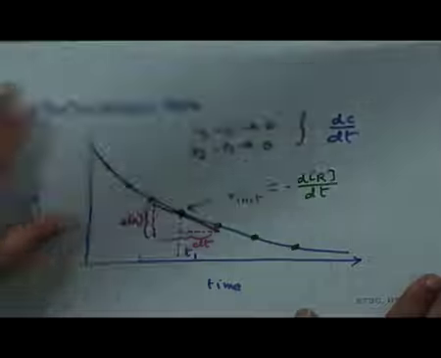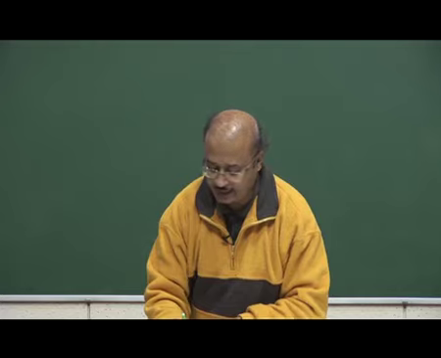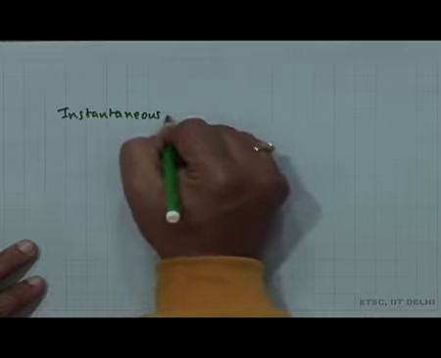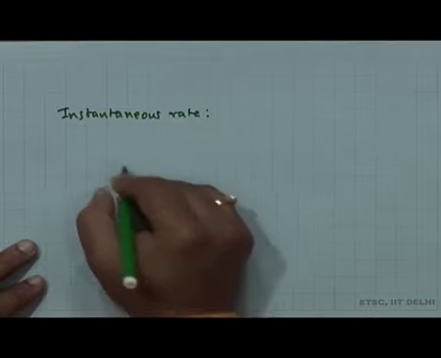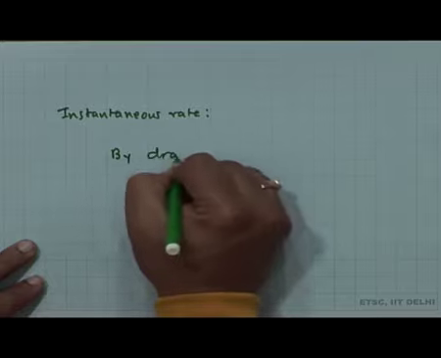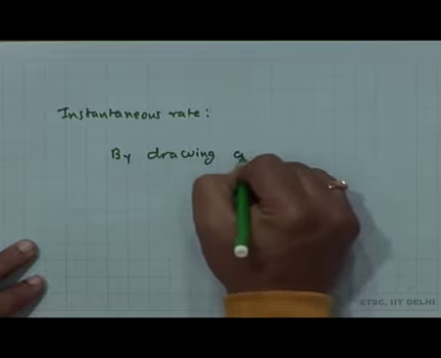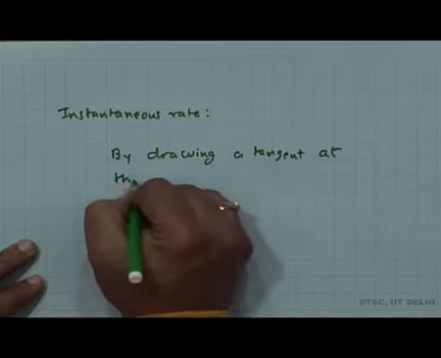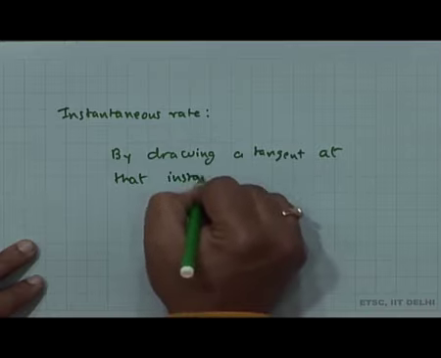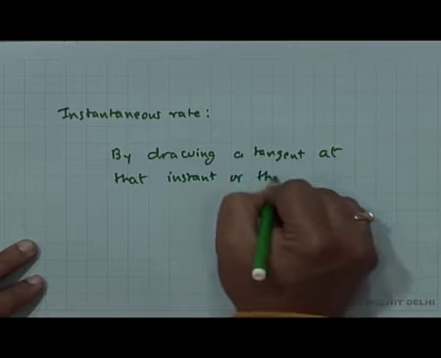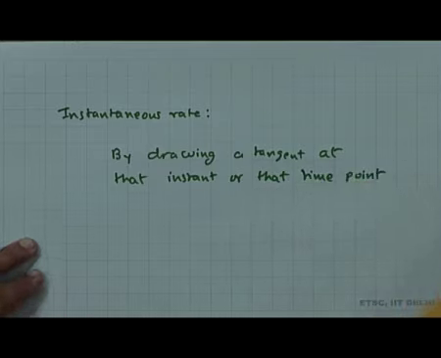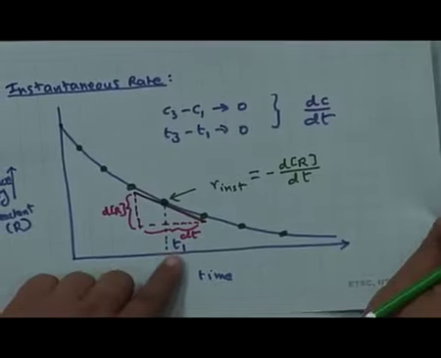I will write it so that it becomes clear. The way we characterize or find the instantaneous rate is by drawing a tangent at that instant or that time point, which in our discussion was t 1.